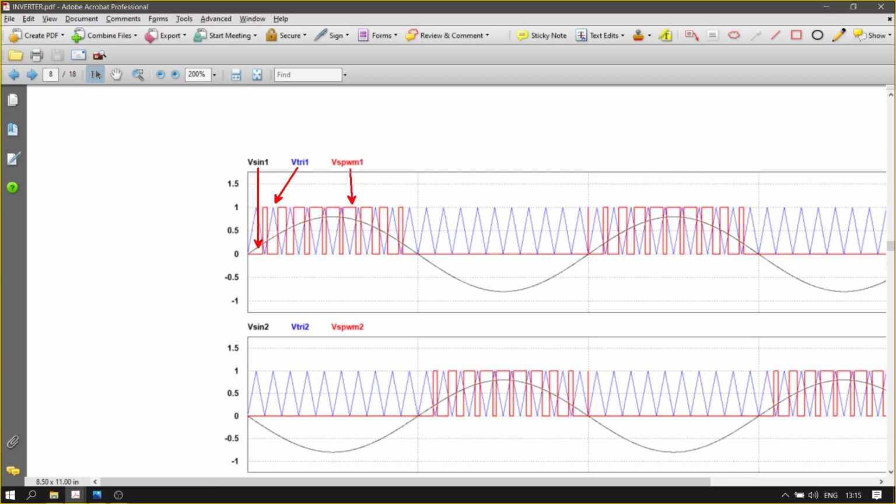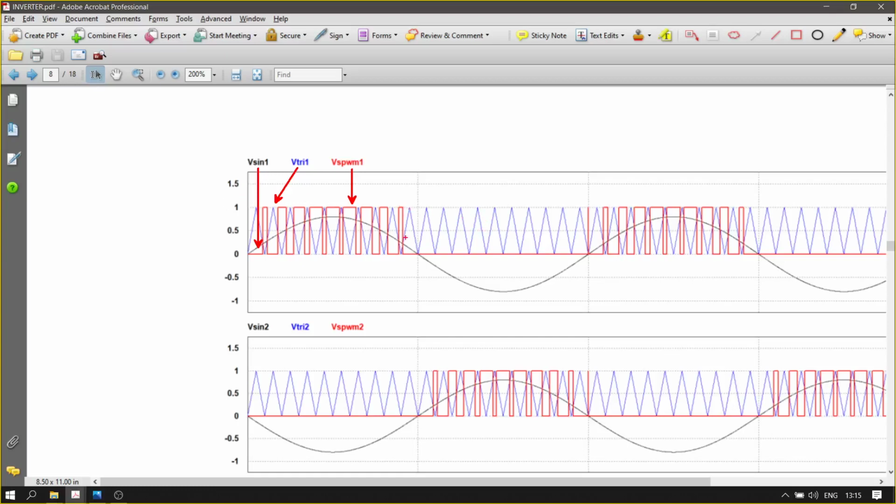This is actually the switching signal that is passed to the switches. So to create that SPWM signal, you need to compare the sinusoidal modulating signal with the unipolar, positive-only triangular carrier signal.